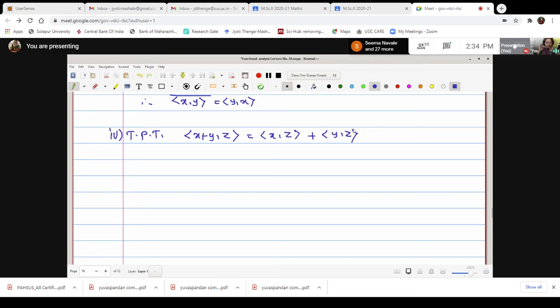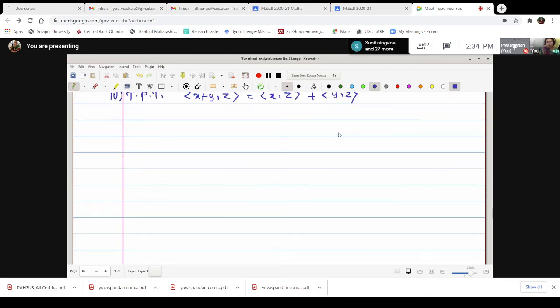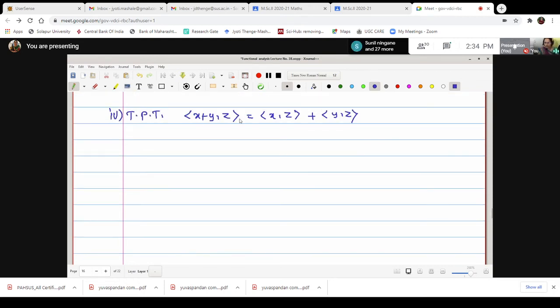I have just made you clear why we are proving this linearity separately with respect to addition and scalar multiplication, because as we look at the definition of polarization identity, this is a little bit complicated. Therefore, proving linear combination directly, it will be better for us to prove linearity with respect to addition first, and then with respect to scalar multiplication. Now here we are proving with respect to addition first.